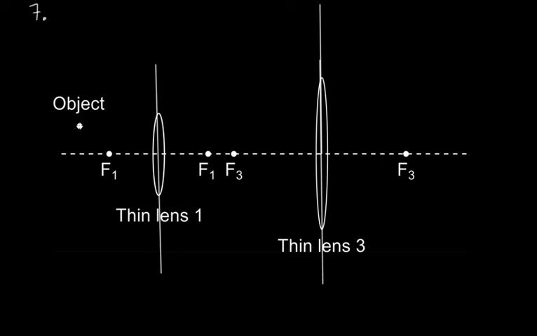So the first principal ray travels parallel to the axis and then goes through the focal point. And as this is the same lens, we should get the image formed in exactly the same place as we did last time.